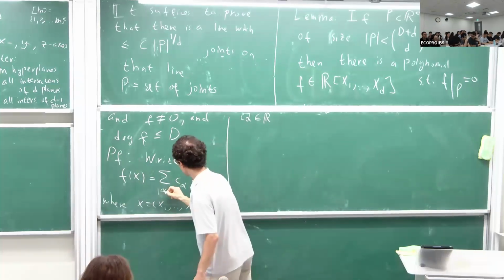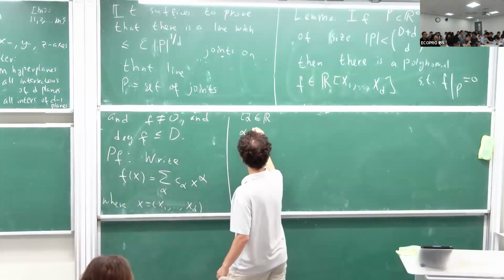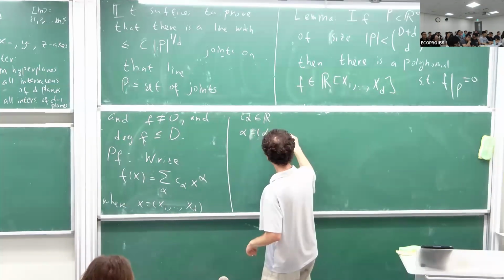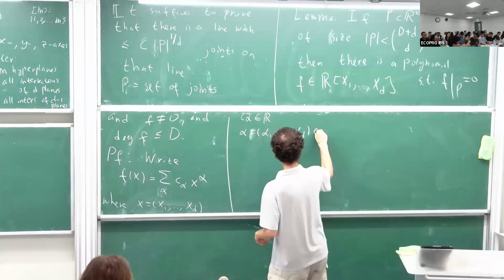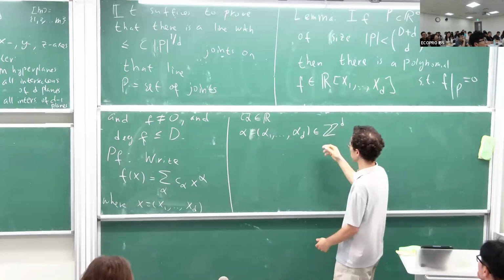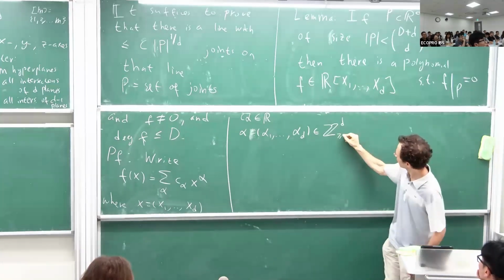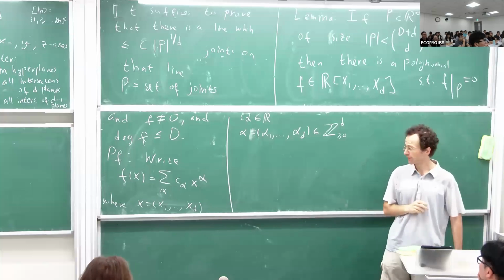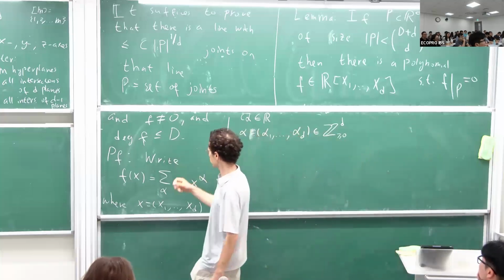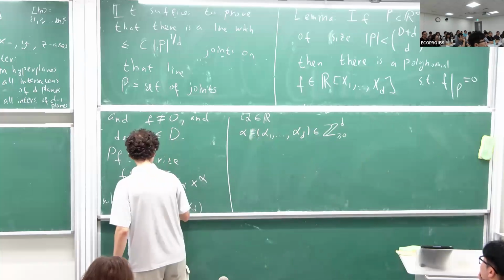Alpha is also a vector, a bunch of non-negative integers, and I want the degree to be at most d.